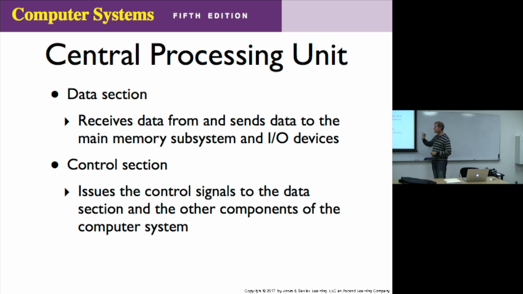The data section receives data from and sends data to the main memory subsystem and the input-output devices. And it's the control section that issues the signals to make stuff happen in the registers, makes the computation happen using the registers in the CPU.